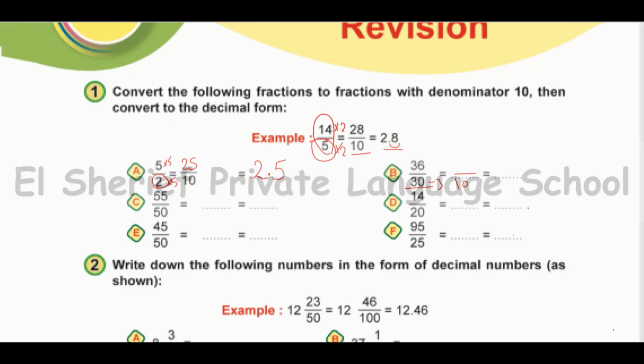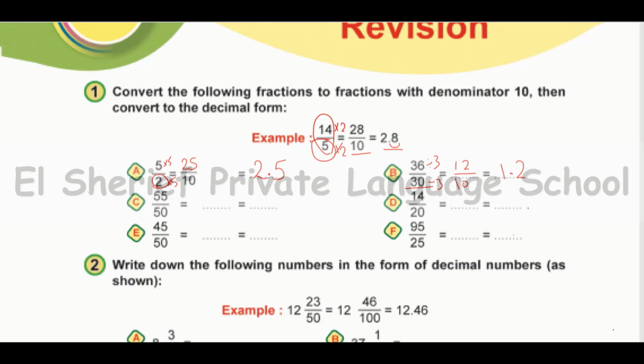So we divide the denominator by 3, and 36 divided by 3 equals 12. 12 over 10. Now we can convert to the decimal form. We put 12 as it. Then we have only 1 zero in the denominator, so put the decimal point after one digit.